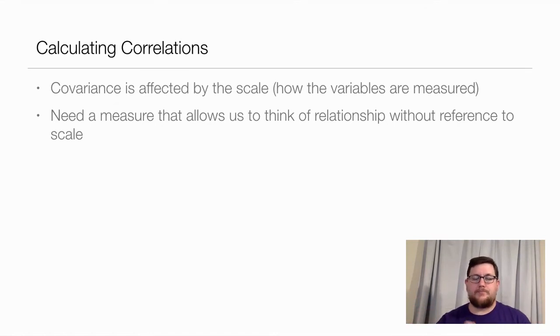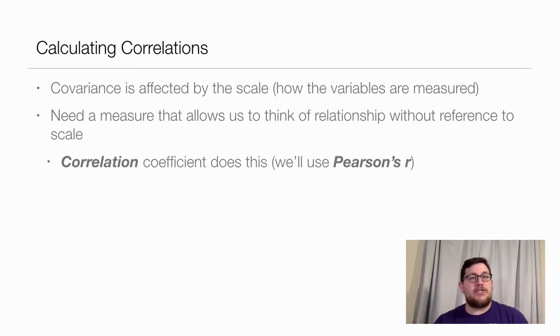Now, the correlation coefficient does this well. That's what a correlation coefficient is. It's basically a standard version of a covariance. That's it. It puts it into a standard score like a z-score, remember, where you divide something by the standard deviation. That tells you how many standard deviations away from the mean you are.